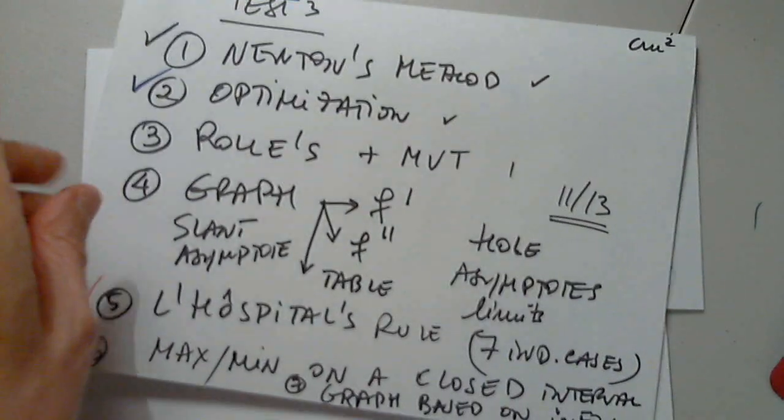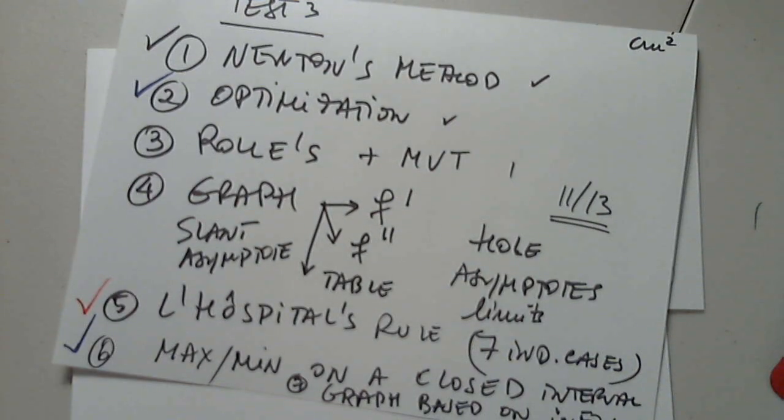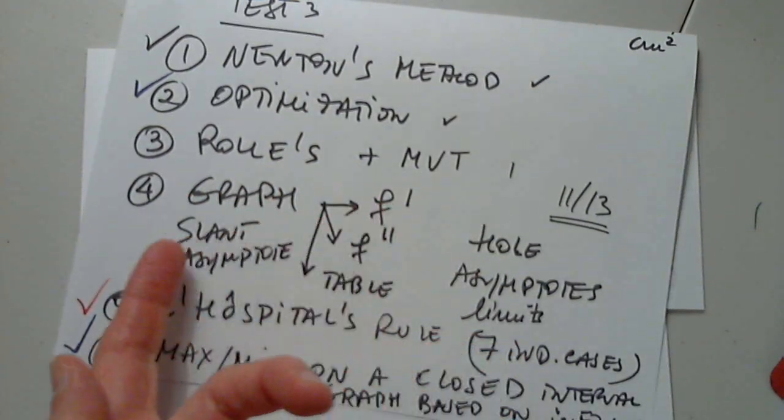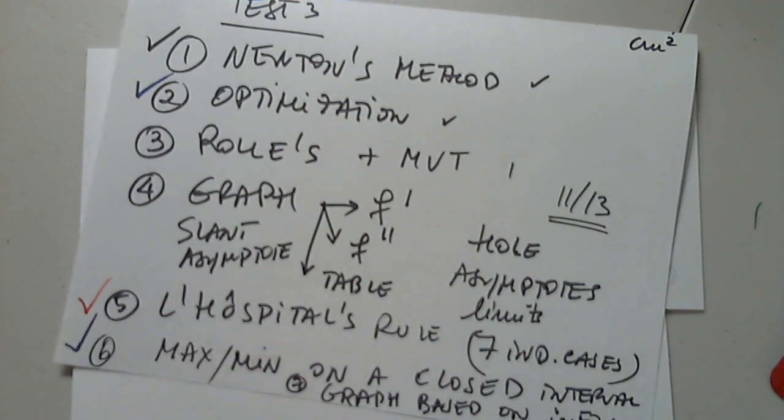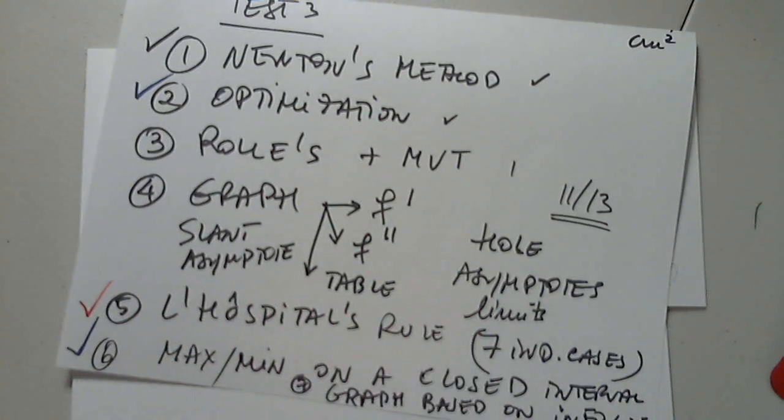Next questions. Anything else you'd like to review? So Rolle's and mean value theorem, graphing, we did a lot of graphing, but we can review that. Reviewing slant asymptotes or having a hole in the graph. Anything else? Can we go for slant asymptotes? Yes, yes.